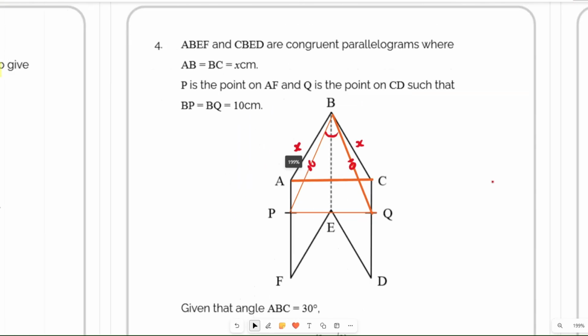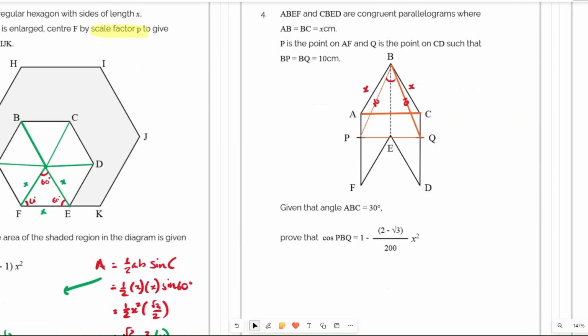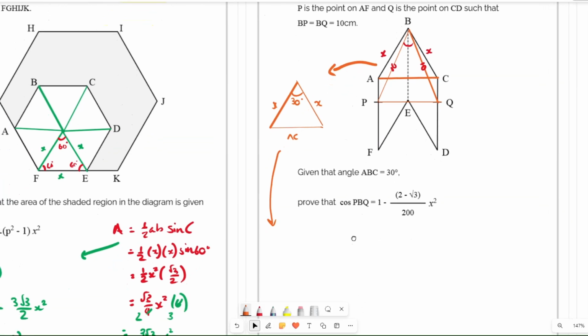So first of all, I'm going to draw the triangle not in the diagram, basically, so on the side. So it's just going to be this smaller one first. That is a horrible straight line once again. And there we go. So we know that this is x, this is x, this is 30 degrees, and this is what we're trying to find. This is AC. So how can we work that out? We're going to use the cosine rule for this.